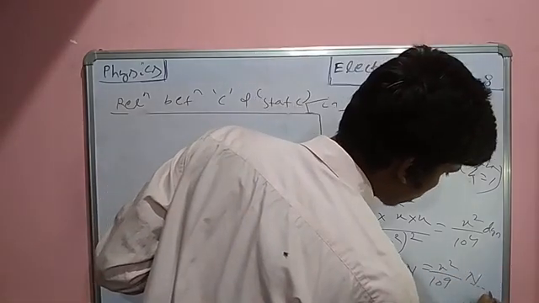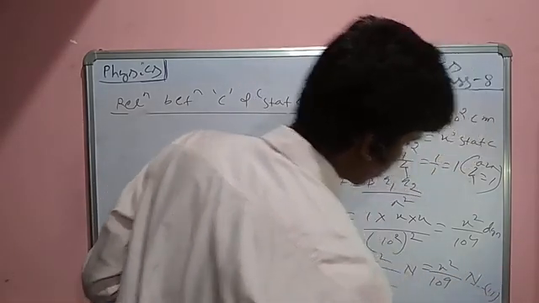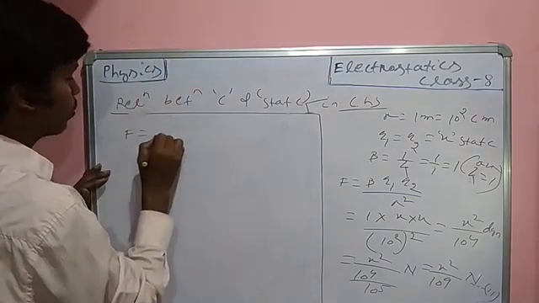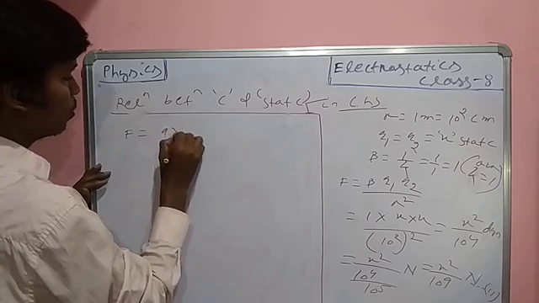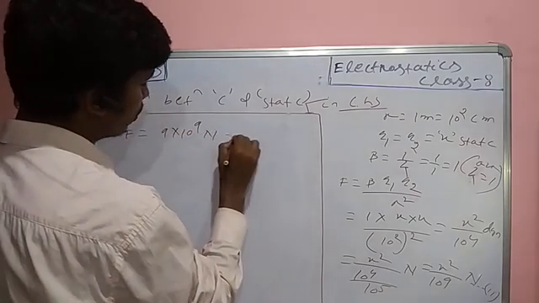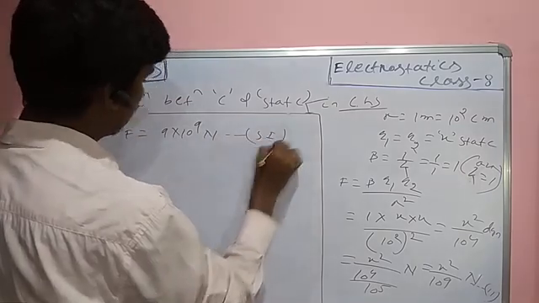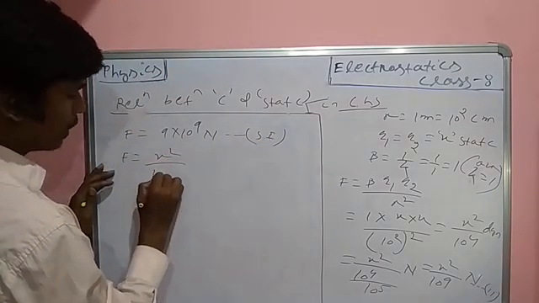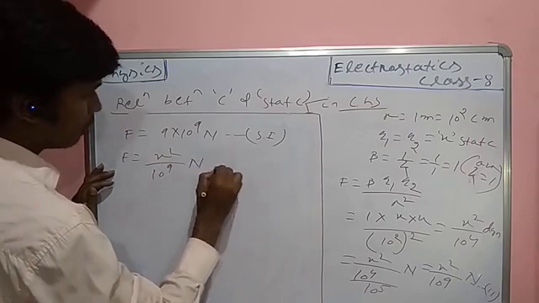This is equation 2. But in the SI system, F is equal to 9 into 10 to the power 9 Newton. In CGS, F is equal to X square by 10 to the 9 Newton.